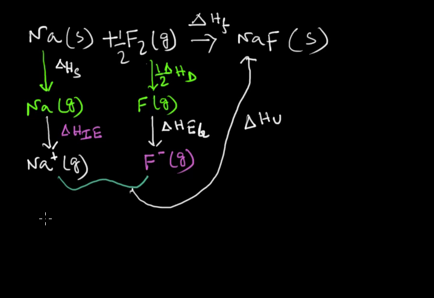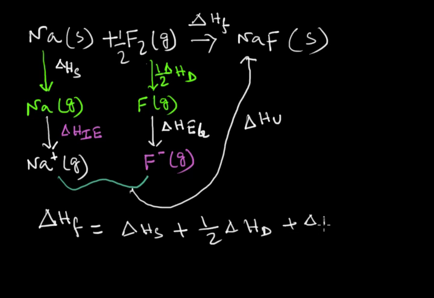This is Hess's law. This means that delta HF is equal to delta HS plus half of delta HD plus delta HIE plus delta HEG plus delta HU.